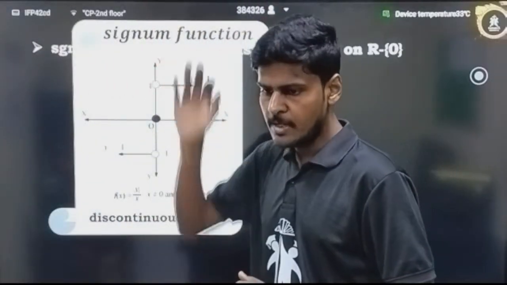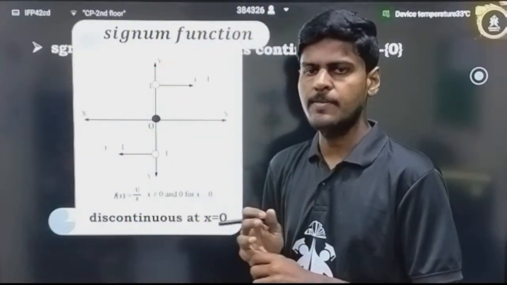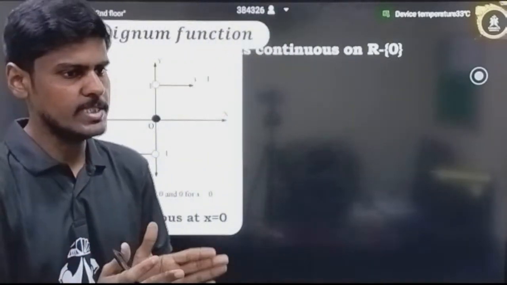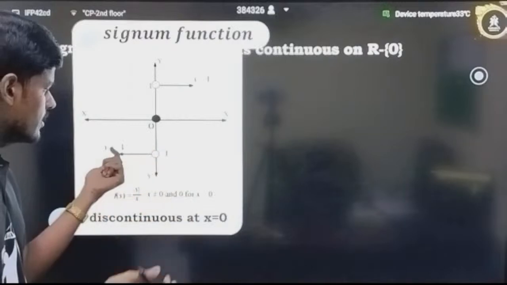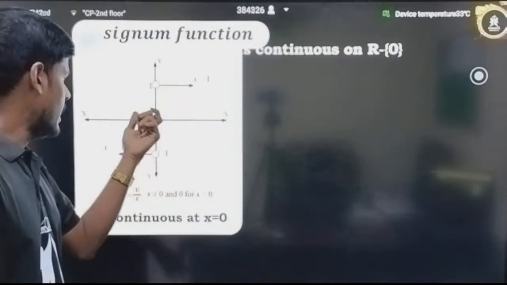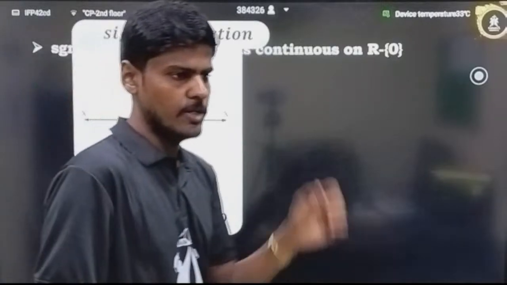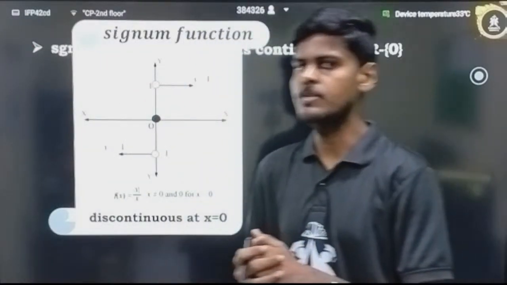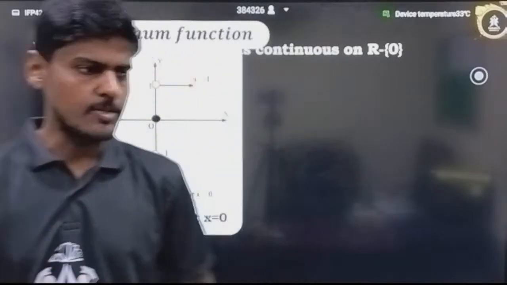So, for a signum function, analyze its continuity at x equal to 0. That means it is a discontinuous function. Why is that? Because left hand limit is minus 1, right hand limit becomes 1, and f of 0 is 0. So left hand limit, right hand limit as well as function value, all are different values. So it is a discontinuous function.